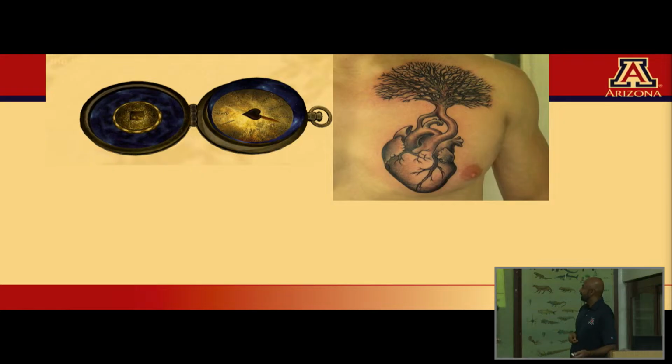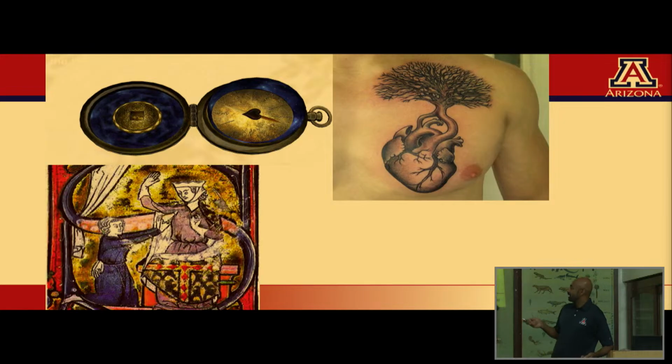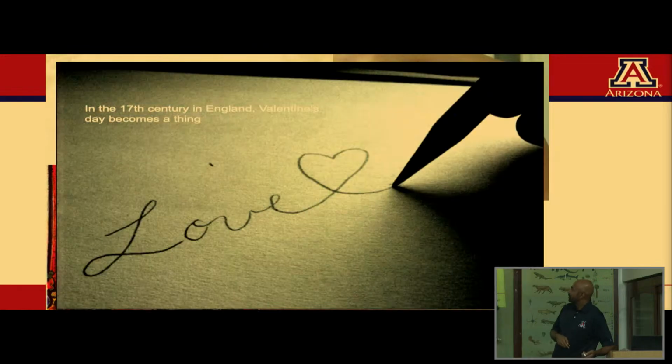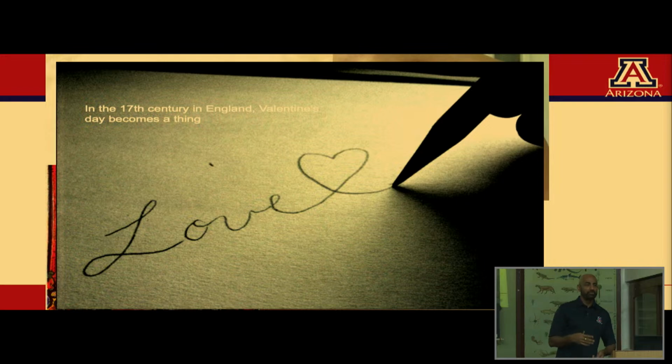It was also symbolic of religion: in 1530 it was a Lutheranism symbol. They introduced the heart, and then in the 17th century it became a symbol of love. So you can see how the heart can be related to our emotions, feelings, and character. It's a very important organ to study anyway.